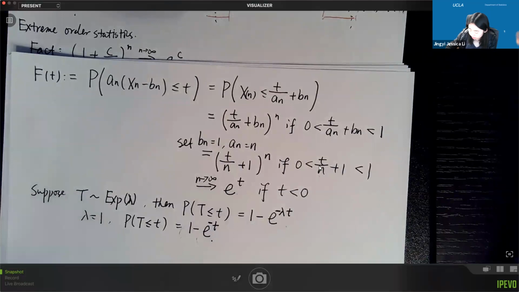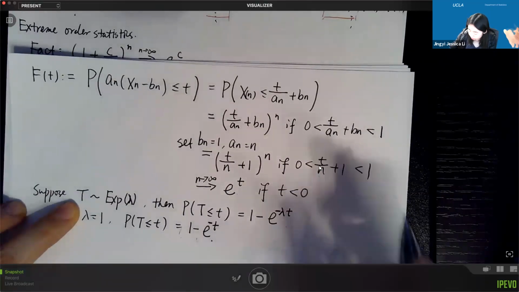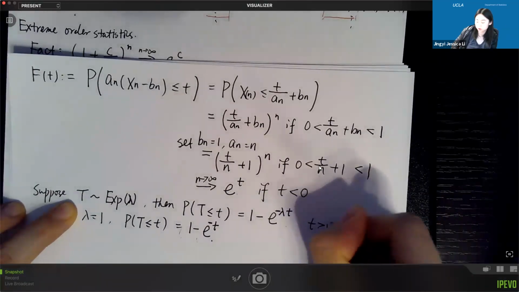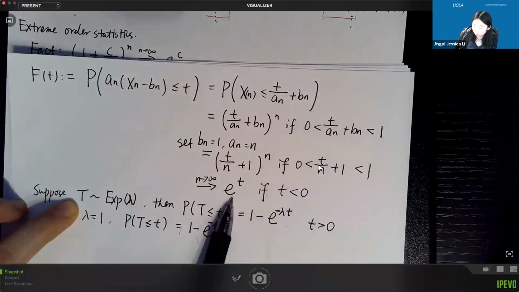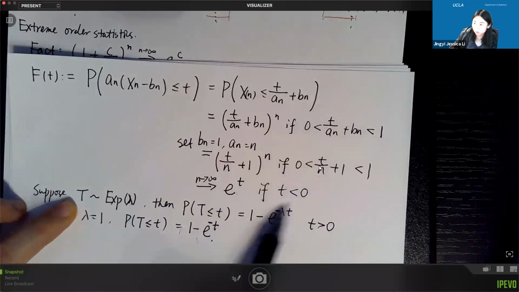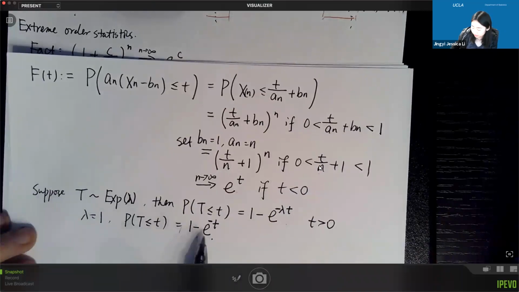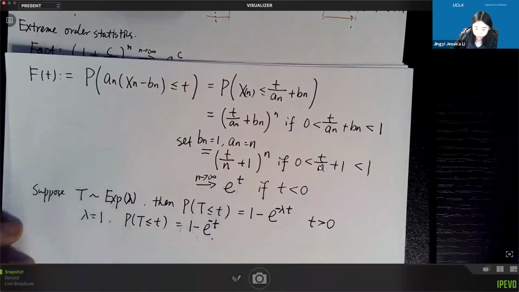The difference here is that in the exponential distribution, t must be positive, okay? And in our case, we have exponential t, but t being negative. So you see the one-to-one correspondence. It's like this is the left tail, this is like the right tail.